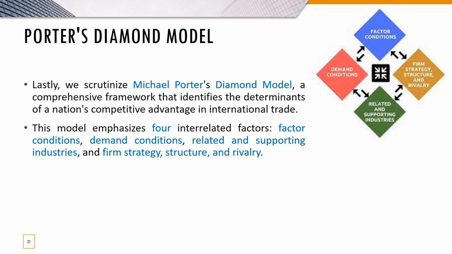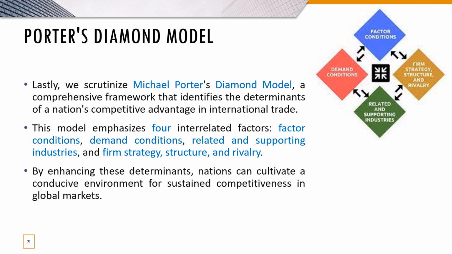Demand conditions. 3. Related and supporting industries. Number 4. Firm strategy, structure, and rivalry. By enhancing these determinants, nations can cultivate a conducive environment for sustained competitiveness in global markets.